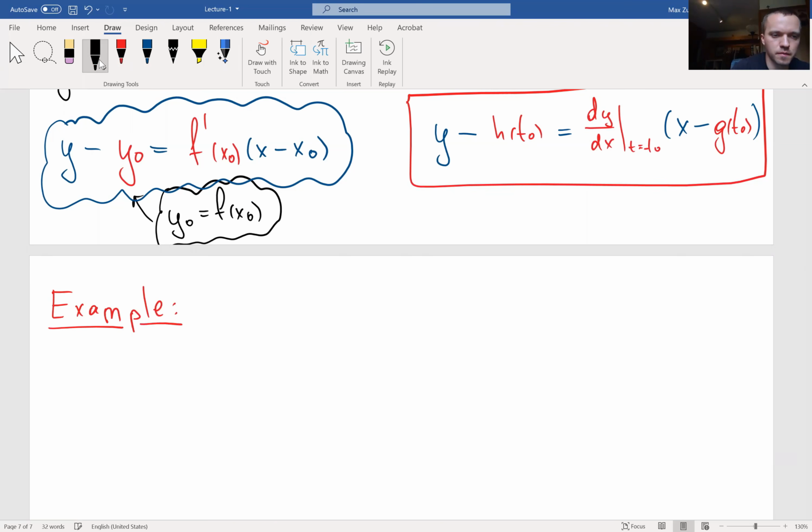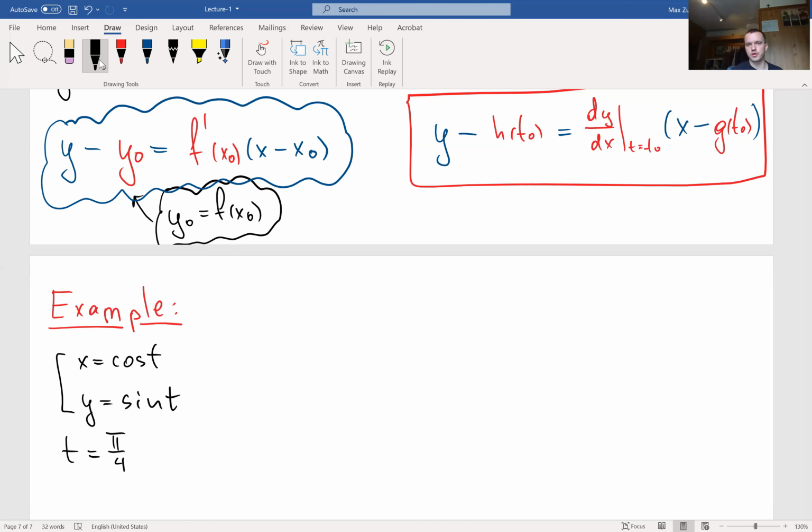Let's take x is equal to cosine t, y is equal to sine t, and I want you to find the equation of the tangent line when t is equal to pi over 4.